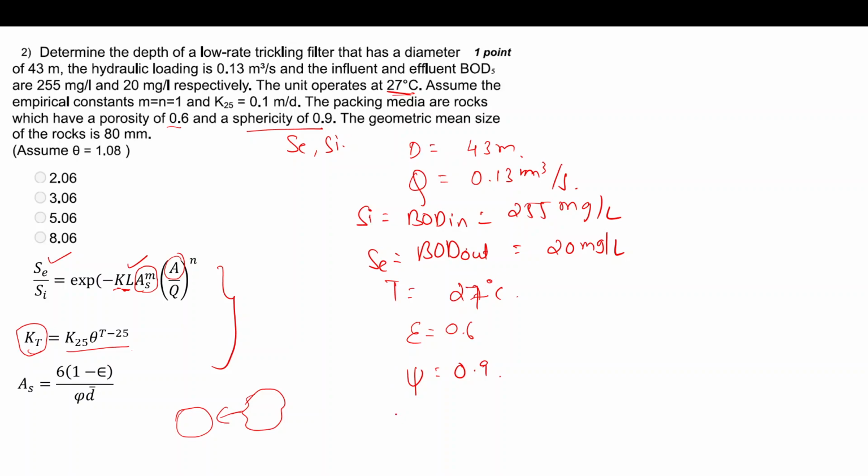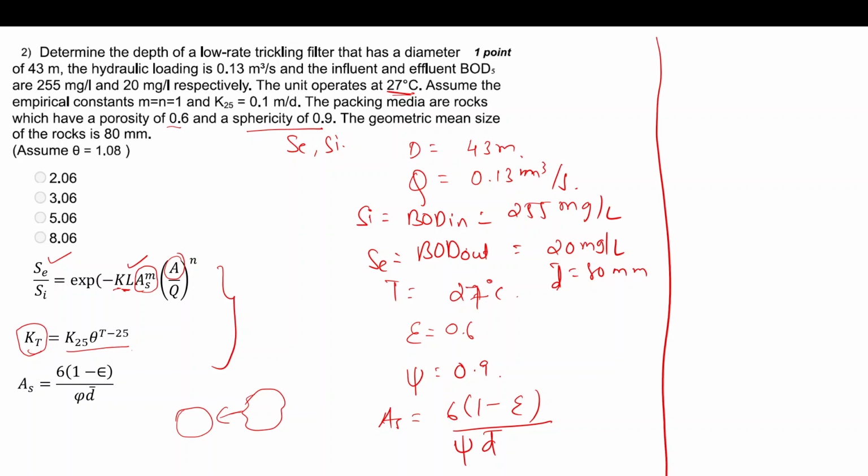So firstly we will calculate AS, which is given by 6 into (1 minus epsilon) by psi d bar. d bar is given to you as 80 mm. So calculate this AS first, put in the values. So 6 into (1 minus 0.6) by 0.9 into d bar, which is given as 80 mm.